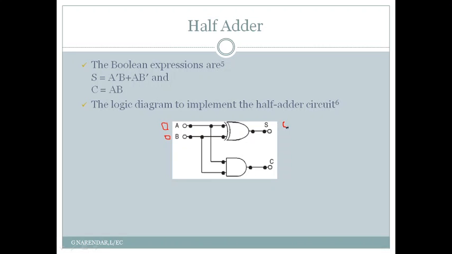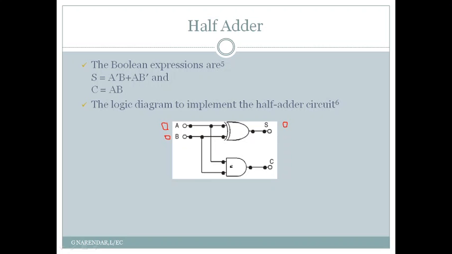For an XOR gate, when both the inputs are the same, the output is 0. So when I add 0 with 0, it produces a sum of 0.